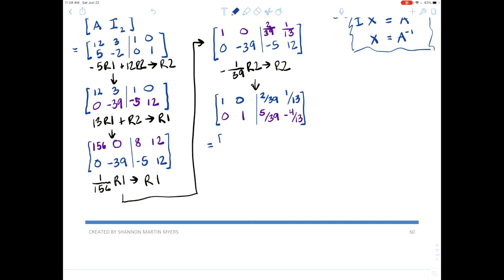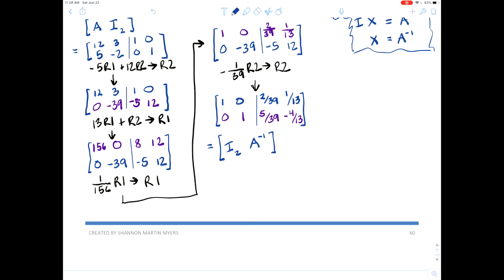This is equal to I_2 adjoined with A inverse, okay? So make sure that you separate it out and say, okay, well, A inverse is going to equal 2/39 going across, 1/13, 5/39, and then negative 4/13. And then I'll leave it to you to multiply it out to check your work.